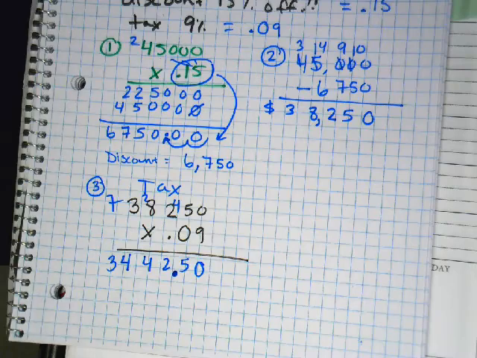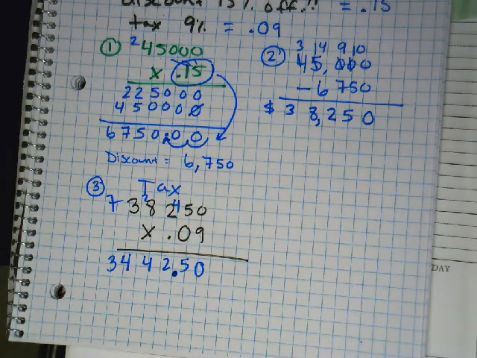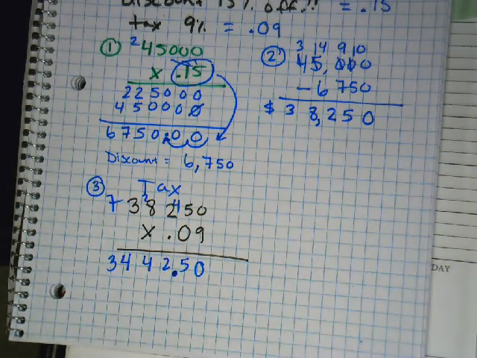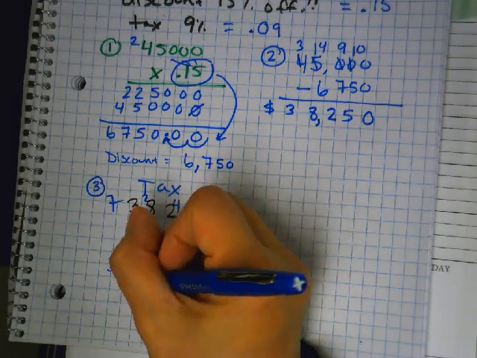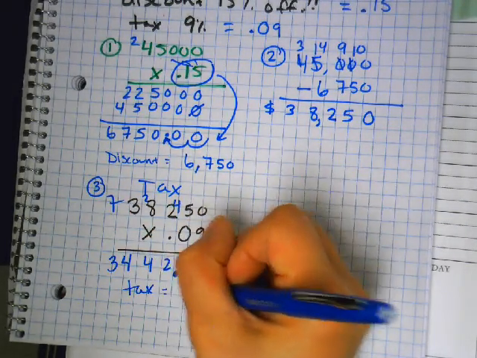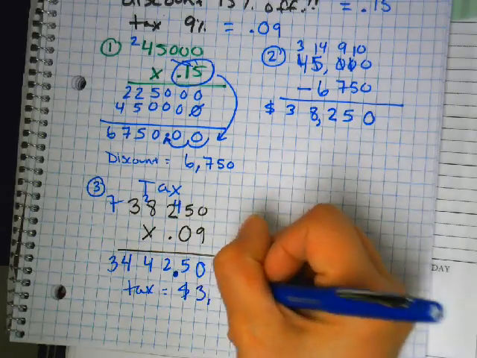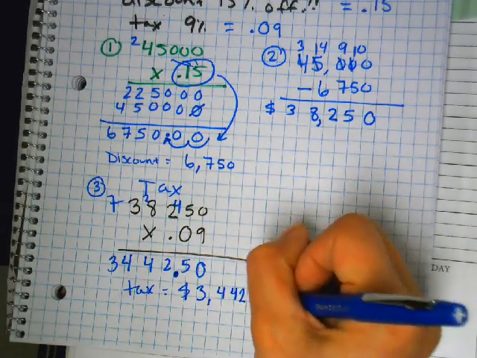Can someone confirm that answer? Yeah, I got it. So our tax is $3,442 with 50 cents.